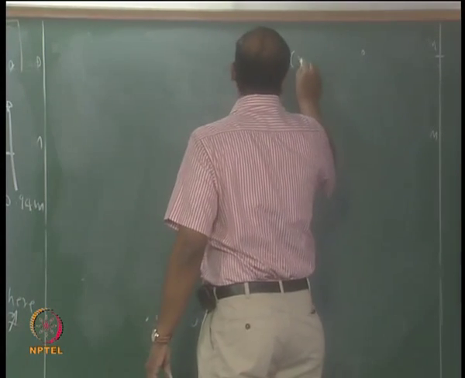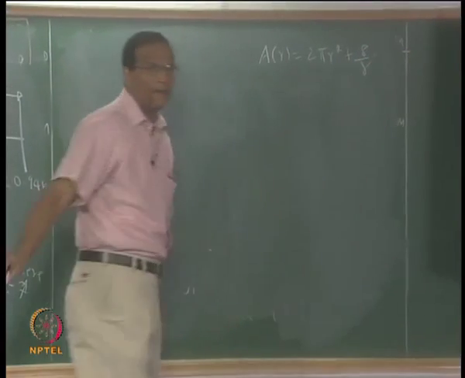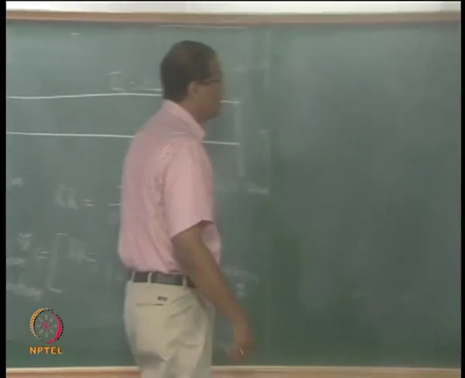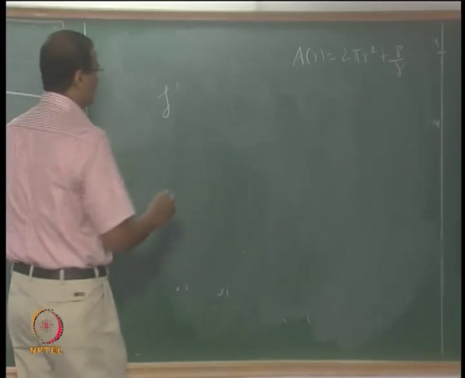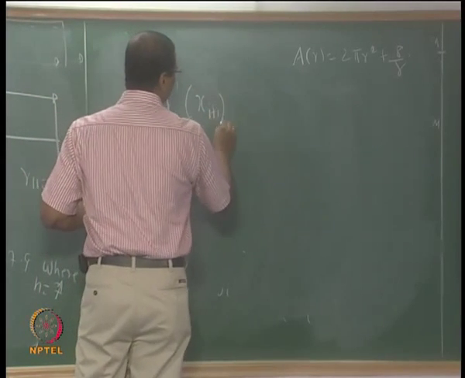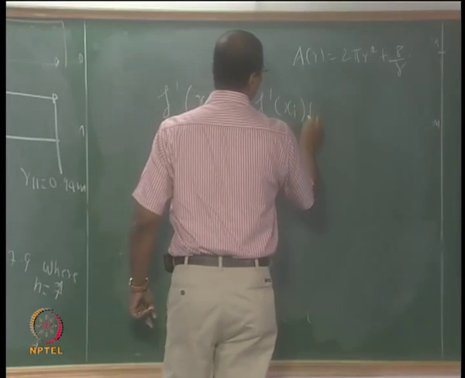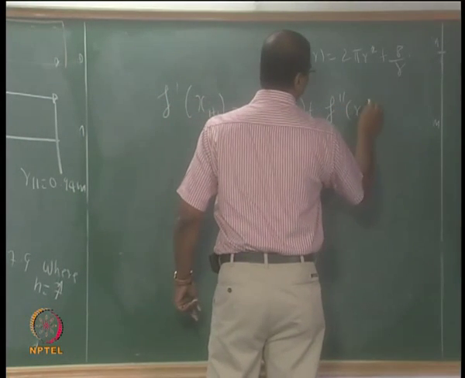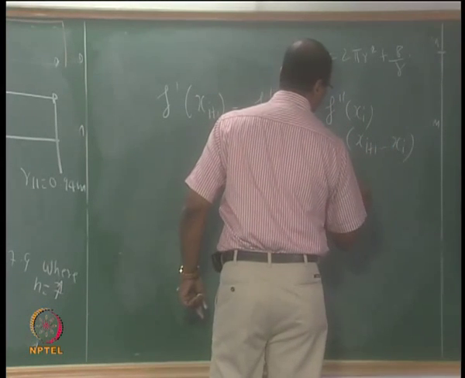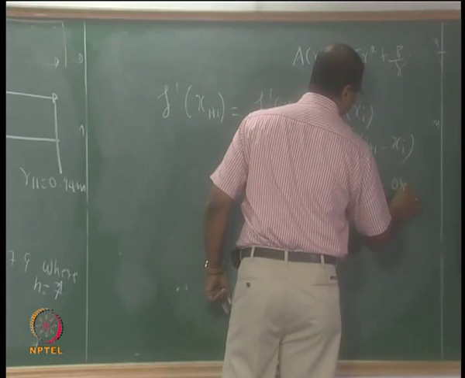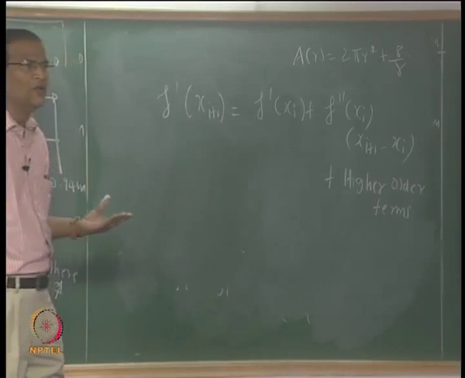Suppose I want to expand f dash of x around x of i plus 1, I expand it as this. It is perfectly legal to do it using the Taylor series expansion.